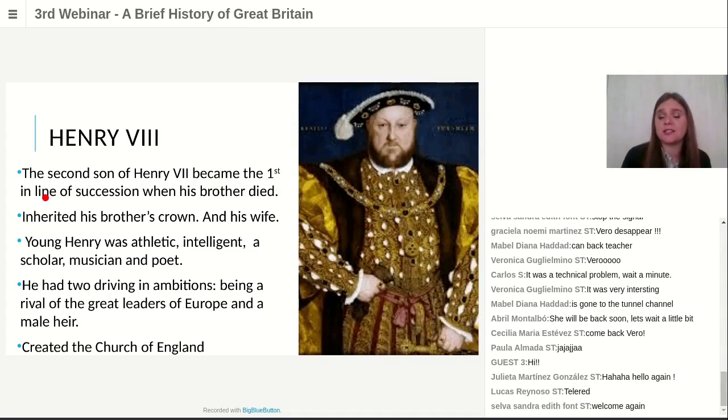He's the second son of Richard VII. So he cheated British royalty since the beginning. He was not supposed to be king, all right? Like, he was not supposed to be king. Just his brother died.